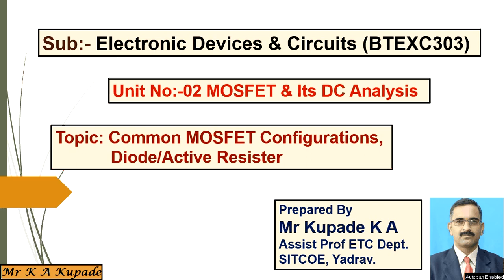Whenever we apply a positive gate voltage to the N channel enhancement MOSFET, the drain current starts, and due to that drain current, the MOSFET is switched on.